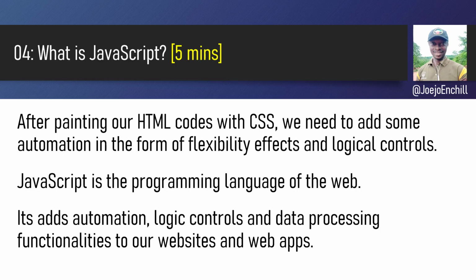So in comparing a web page with the human body, I would say that HTML defines the flesh, the bones, and the physical content of the body, whereas CSS controls the look and feel of the body.